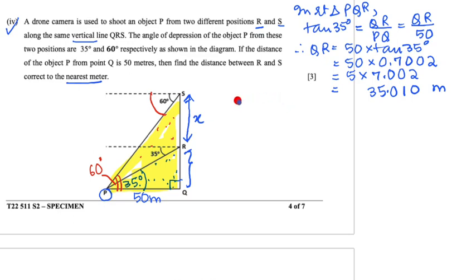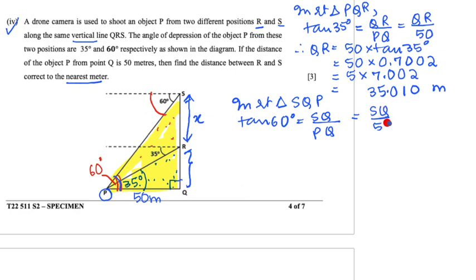Now we'll take the big triangle. So in the right triangle, the big triangle will be SQP, this one. And for that we will take this 60 degrees. So tan of 60 degrees will be equal to SQ upon PQ. That will be SQ upon 50. And so we will have SQ is equal to tan 60 degrees multiplied by 50, which is 50 multiplied by root 3.